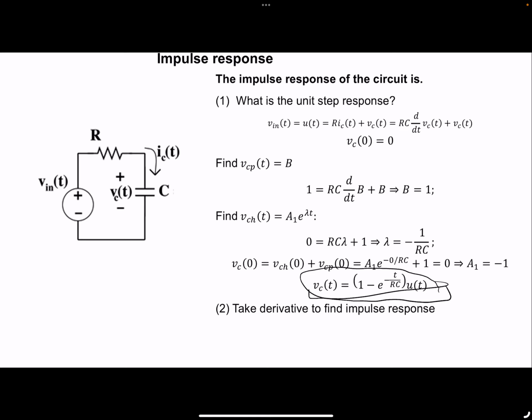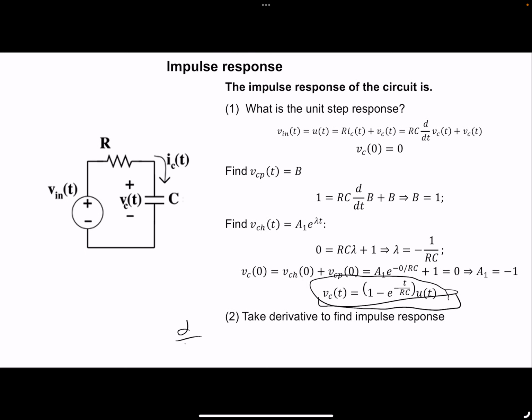Okay, so you take the derivative of this. So it's going to be d/dt of (1 minus e to the negative t over RC) times u of t, plus (1 minus e to the negative t over RC) times d/dt of u of t.